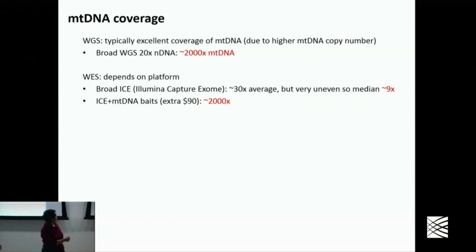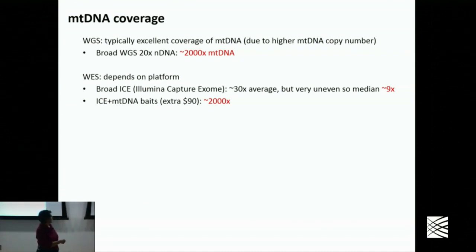So at the Broad, whole genome 20x nuclear DNA coverage gives you 2000x coverage of the mitochondrial genome. Whole exome sequencing, the ICE gives you an average of 30x, but it's so uneven that the median is only 9x. It's very hard to call variants with that low coverage.